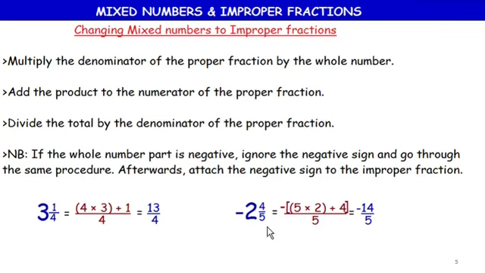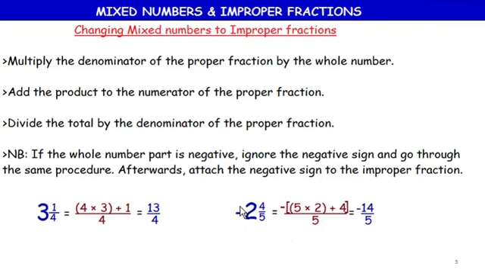So you would say that, oh, then I have to multiply 5 by negative 2, then I get negative 10, then I add negative 10 to 4, then I get negative 6, right? So you get negative 6 over 5. No, please, that is not how to go about it, right? So when the whole number part is negative, this is how to do it.